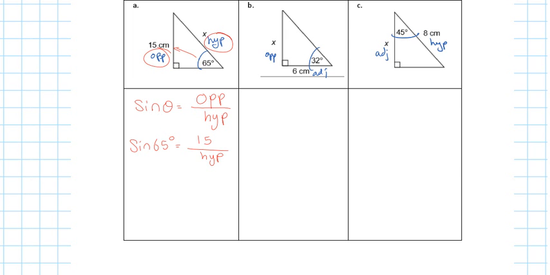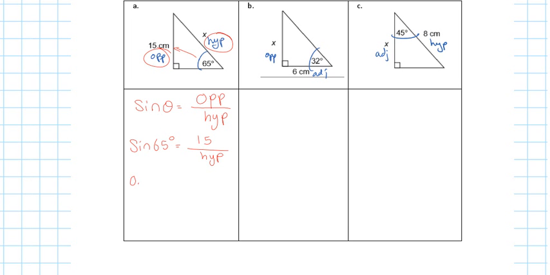Now what do you want to do here? What do you think you need to do here? Yes? Find sine 65. Find sine 65 for me. How many decimals do I have to put there? I have to at least have 4, right?